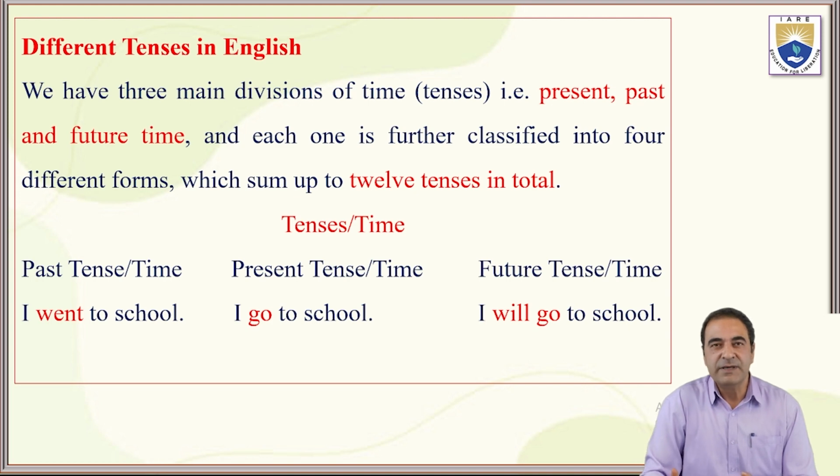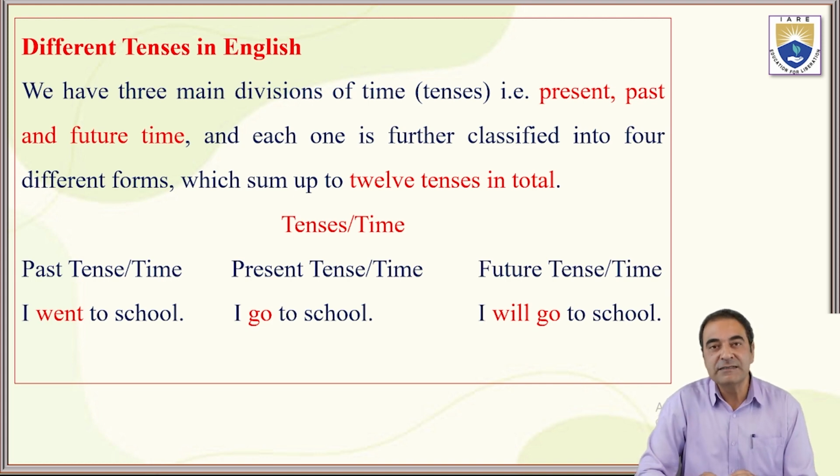That is present time or present tense, past time or past tense, and future time or future tense. Each one is further classified into four different forms, which sums up to 12 tenses in total.